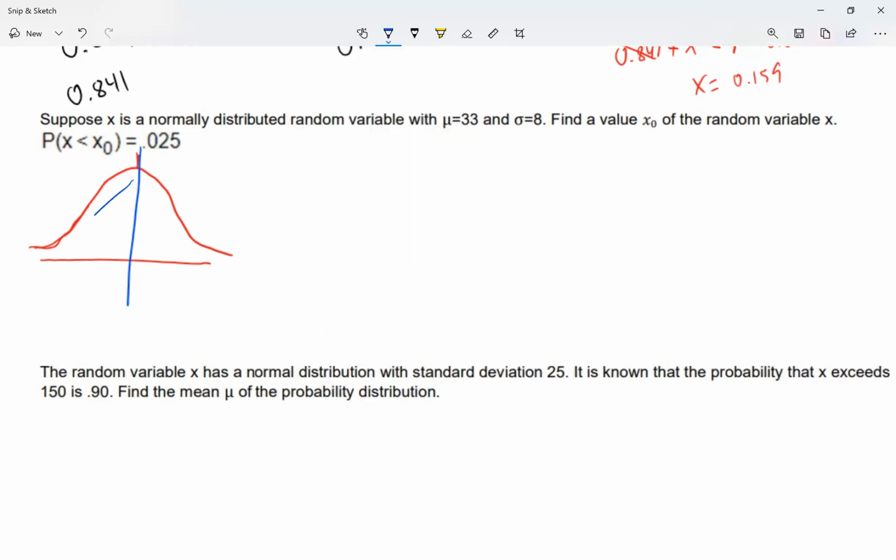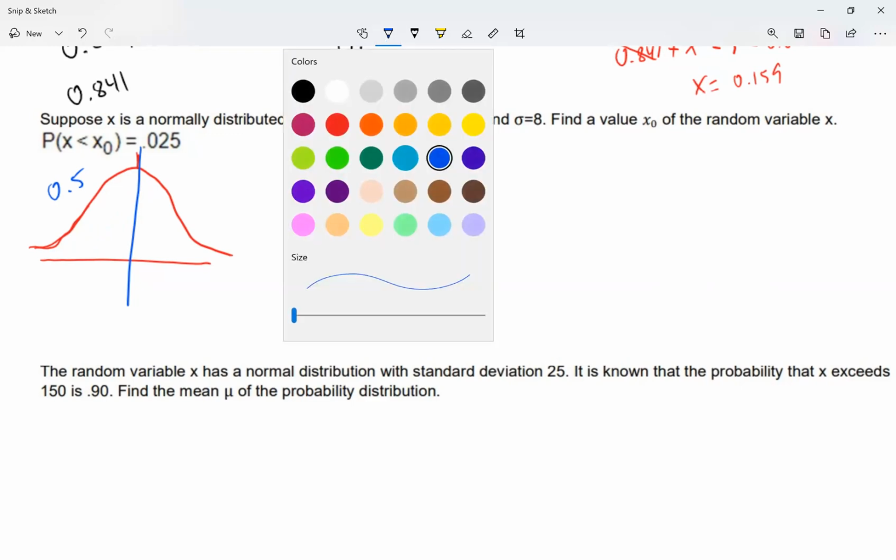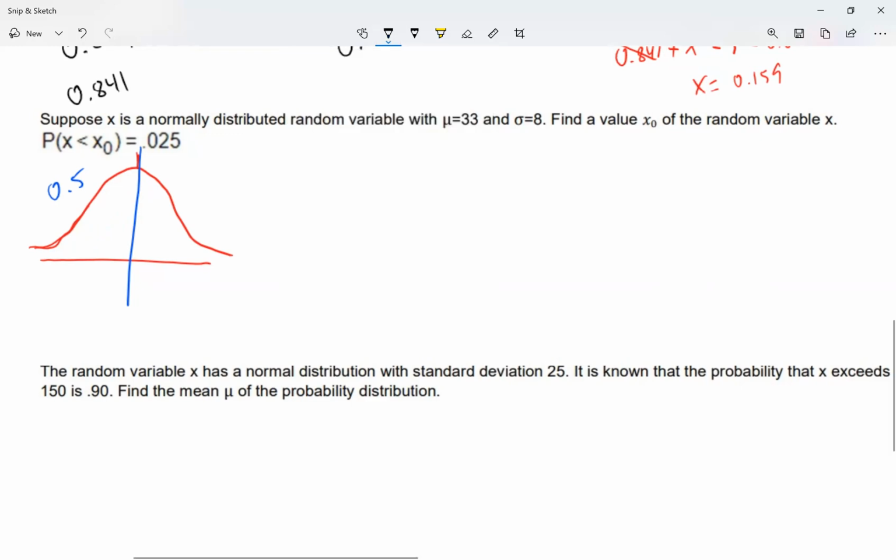I know this whole half right here is 0.5. And I want the probability to be 0.025. Ooh, so that's going to be somewhere to the left. Let me use black.